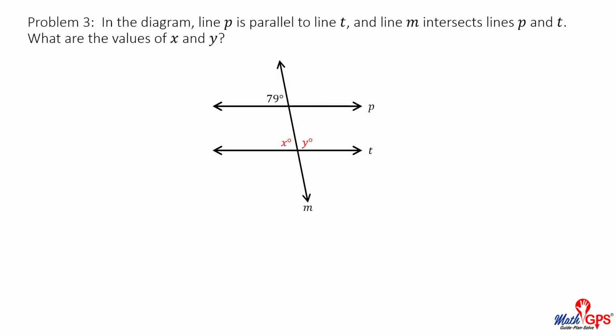Problem 3. In the diagram, line P is parallel to line T, and line M intersects lines P and T. What are the values of X and Y?